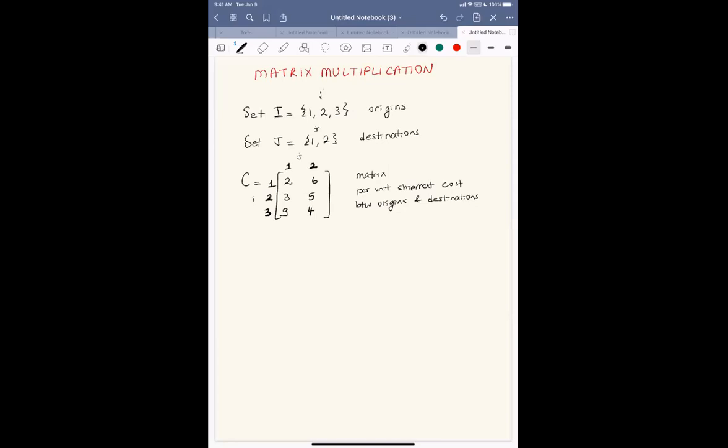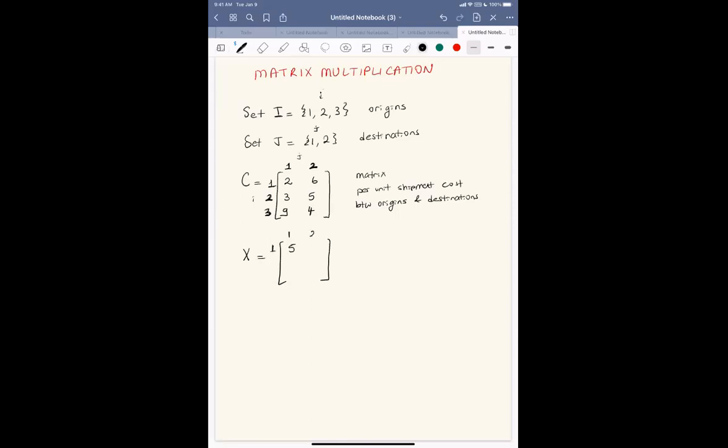Now let's also look at our other matrix, the amount shipped between these 3 origins and 2 destinations. From the first origin to the first destination, say we have shipped 5 units.